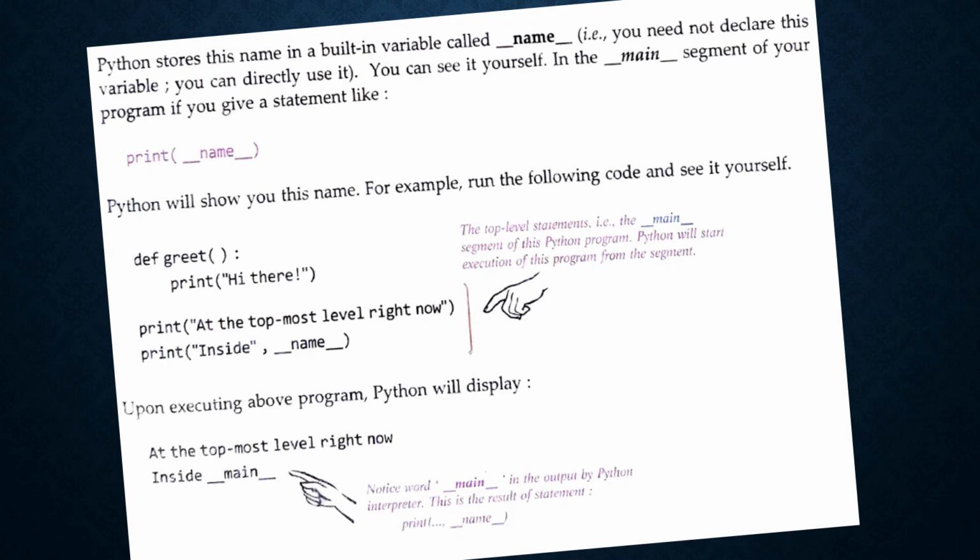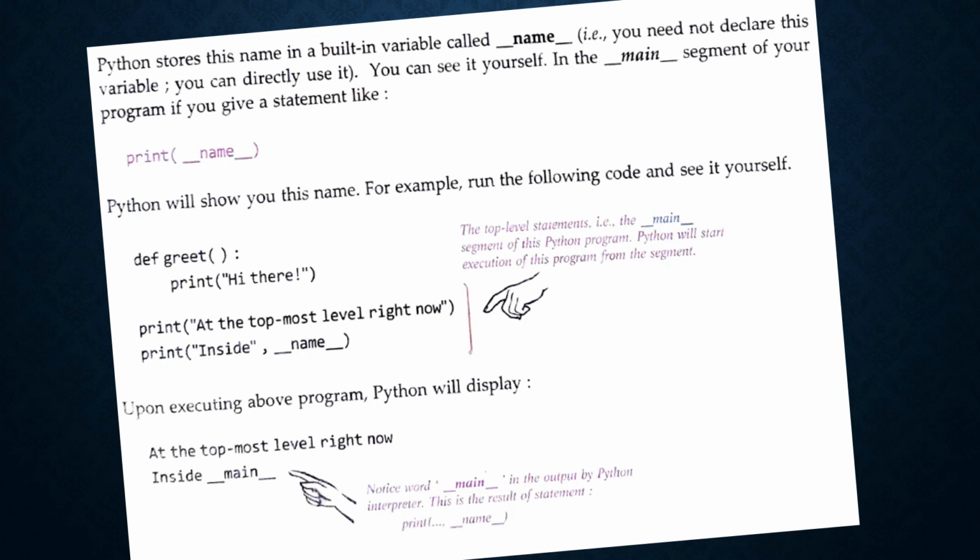If a function call is there, then only it will execute that function. The top level statements are the main segment of this Python program, and Python will start execution of the program from that segment. So notice the word __main__ in the output by the Python interpreter.